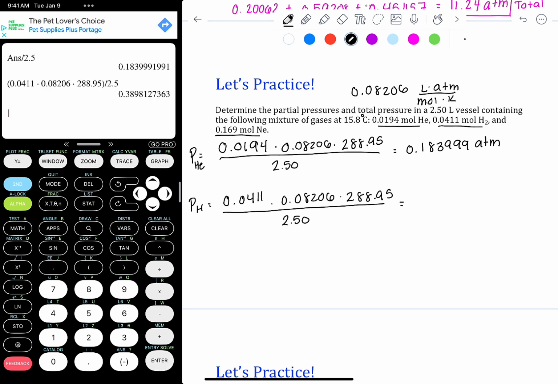So that is 0.389813 atm. Next up, we have the pressure of neon. So same setup, just a different mole value.